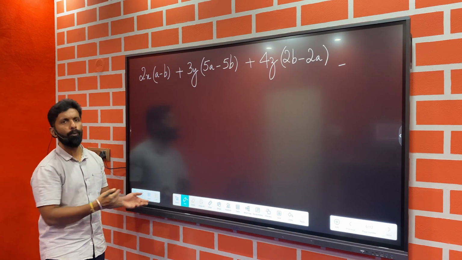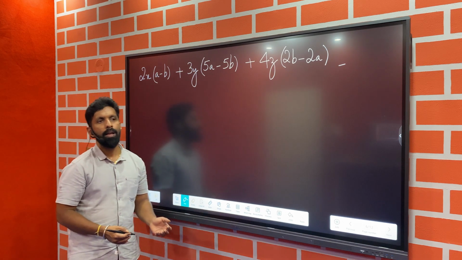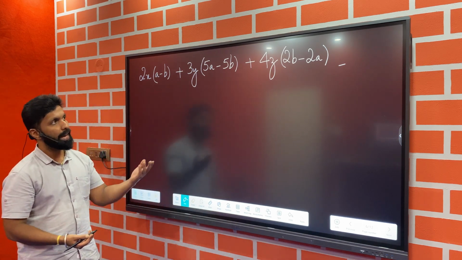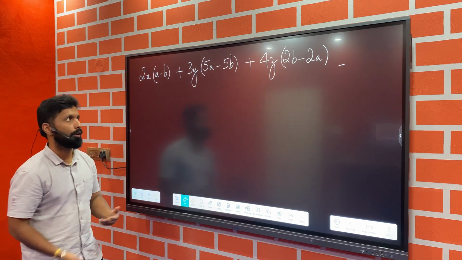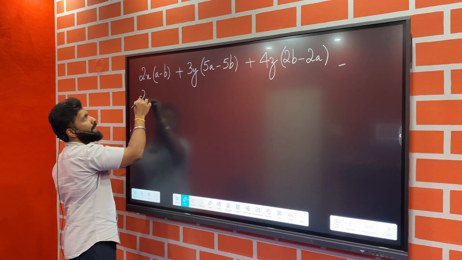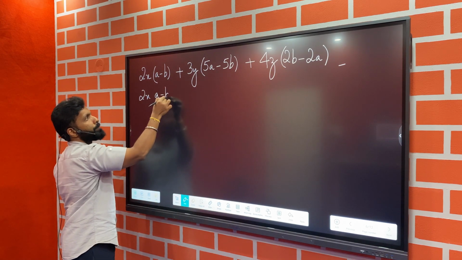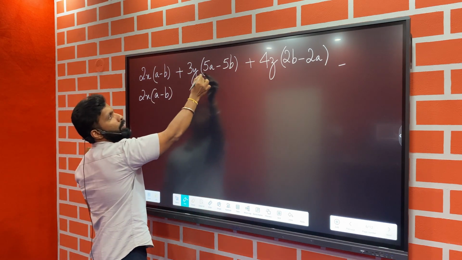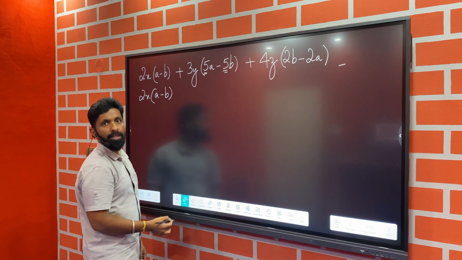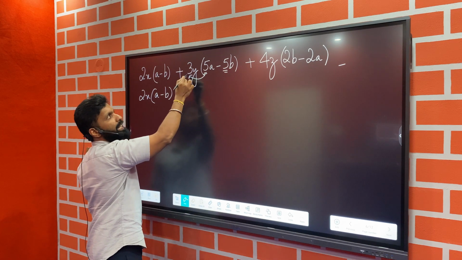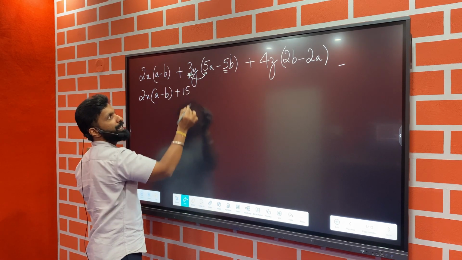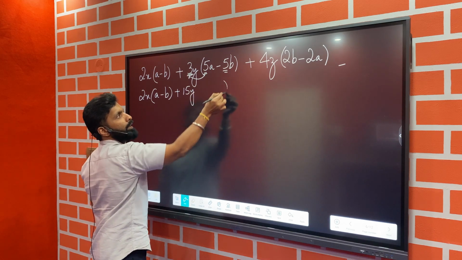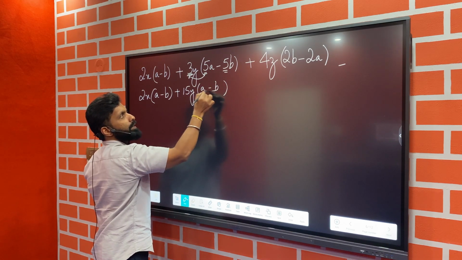Okay, this is almost similar to the previous question. Let's see whether you are able to predict what the next steps are. I'll start the question for you. Now 2x a minus b. What is common here? 5 is common. So if I remove the 5 common, it gets multiplied with 3. So 3 5s are 15y a minus b.